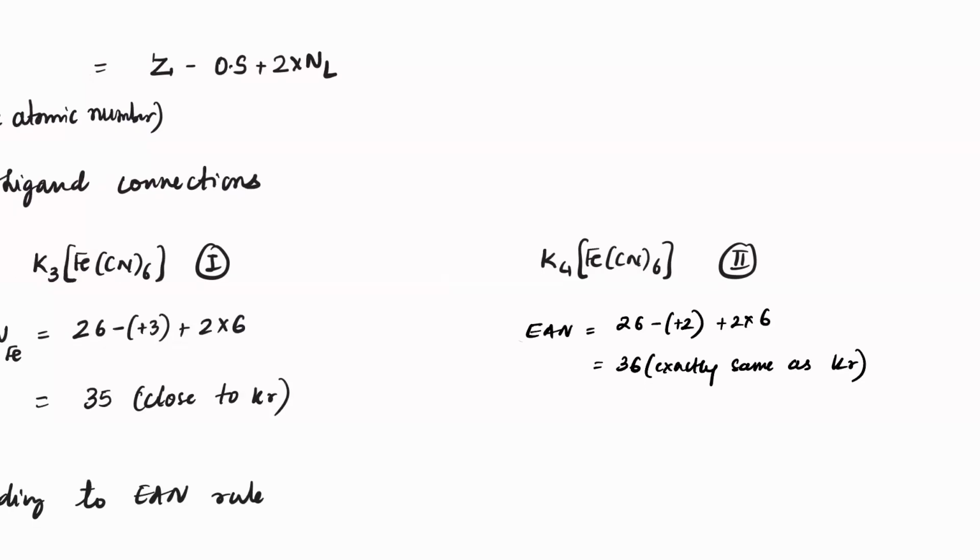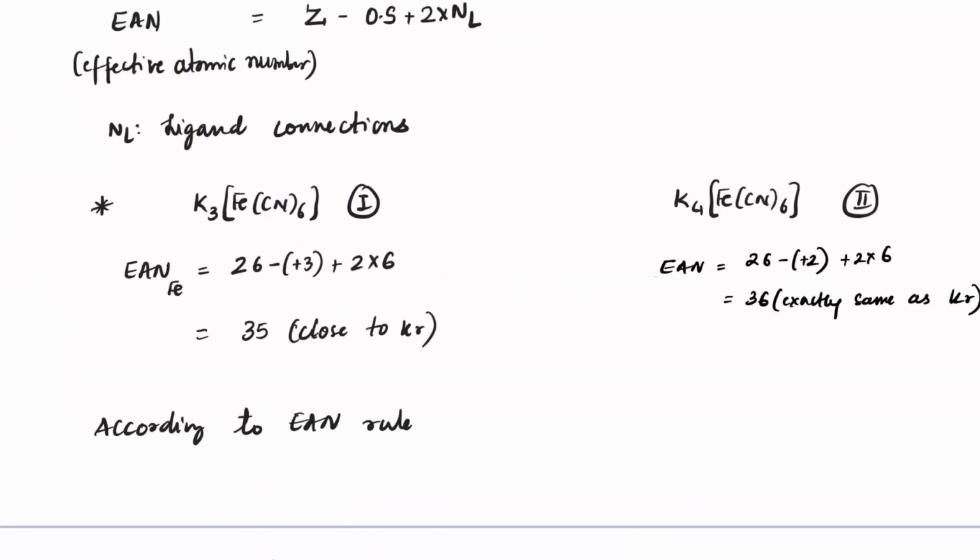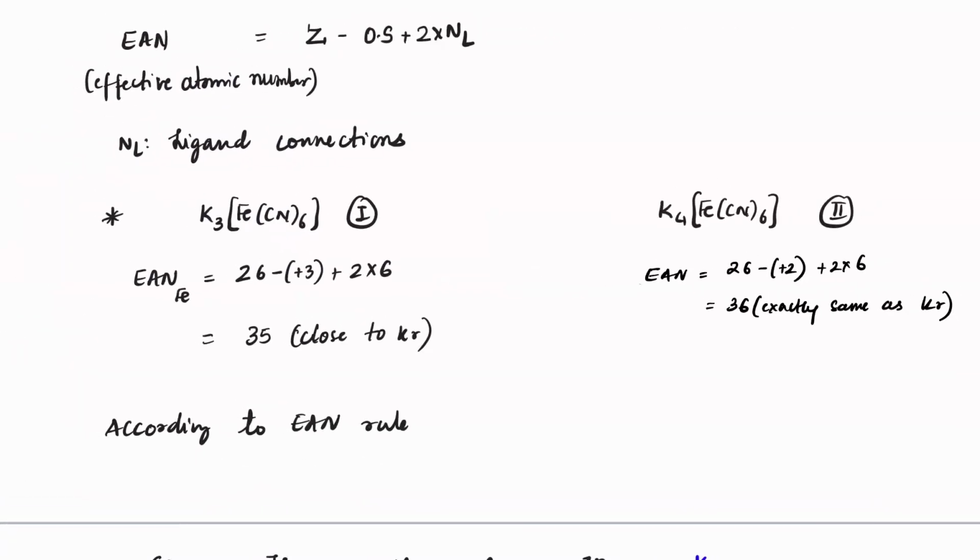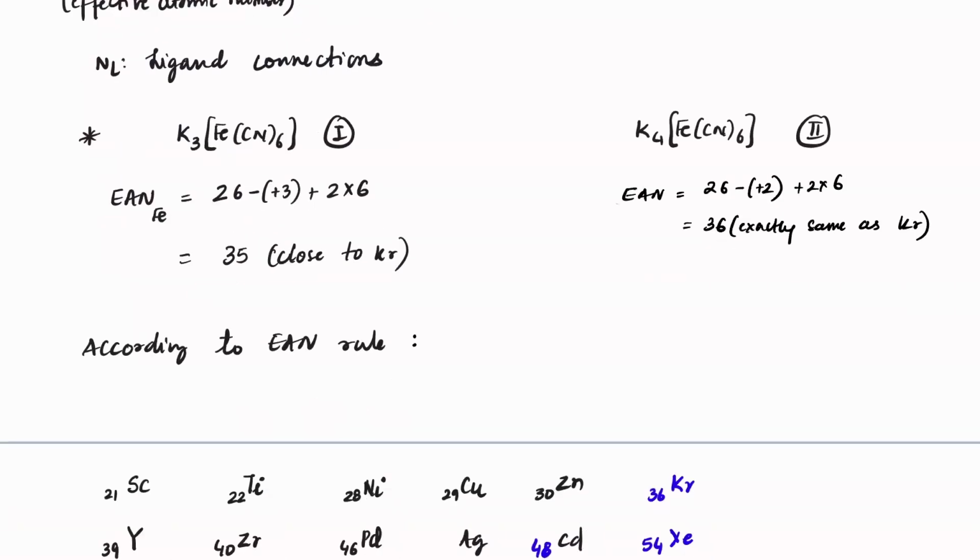So iron is in a way making a complex to attain the same configuration as that of krypton. Now, according to Sidgwick's EAN rule, we can say that complex 2 is more stable than 1, stability wise. Okay. But is it always correct? No. Going ahead, we learn that this is not actually correct.